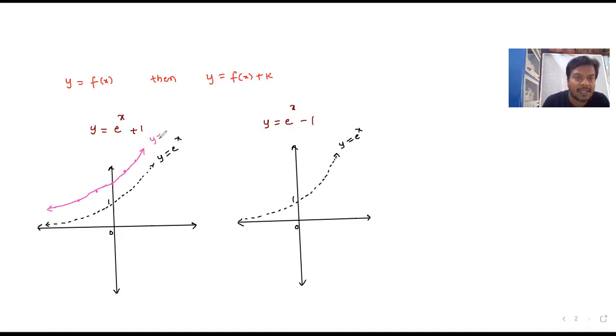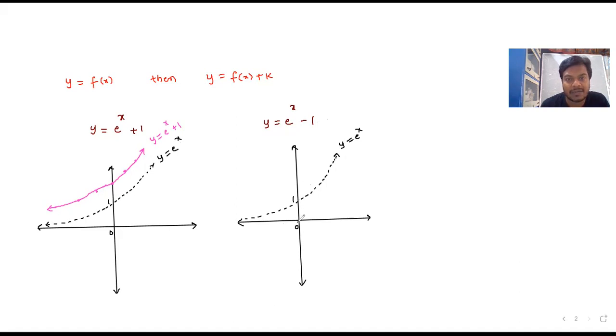That is what happened here. Just the graph of e power x is shifted above 1 unit, right? Next, to get the graph of y equal to e power x minus 1, just shift the graph below 1 unit, right?